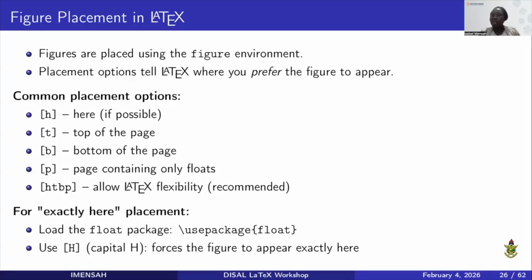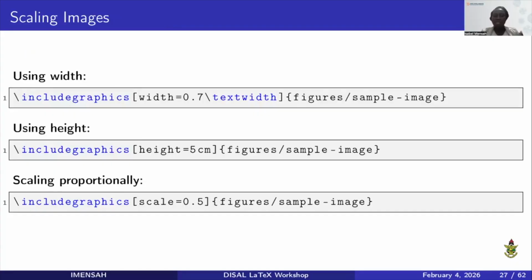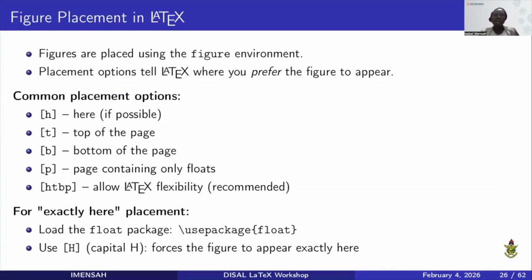When you define your figure environment, you have to be interested to see where the figure appears. So there are common placement options. I remember yesterday someone was asking about big H, small h and all. So the common placements, we have H, T, B, P, and then HTBP. Now H simply means here.